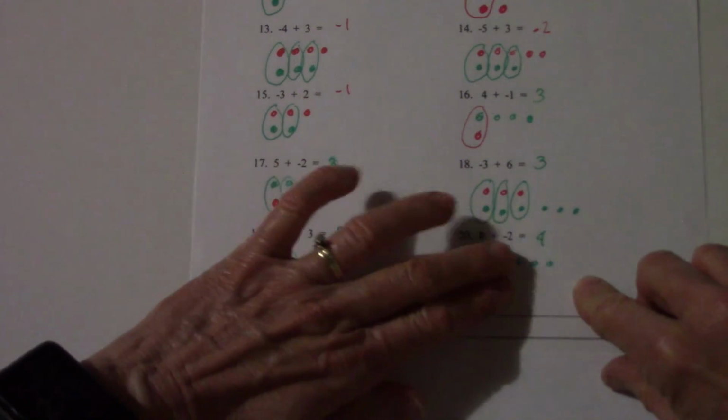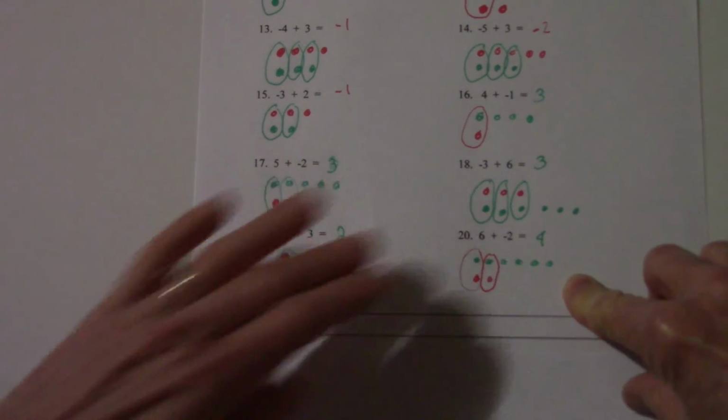So what's happening is the number of 0 pairs is the smaller quantity. And when we take those away from the larger quantity, we're in essence subtracting. We're taking them away. And that's why our answer is the same, like here it's 6 minus 2. Because we had 6 positives, we took away 2, and we're left with 4. Here we have 4, we take away 1 0 pair, and we're left with 3.